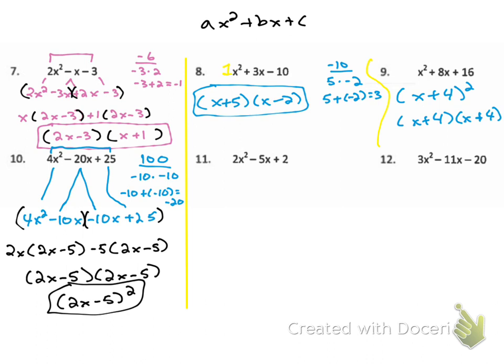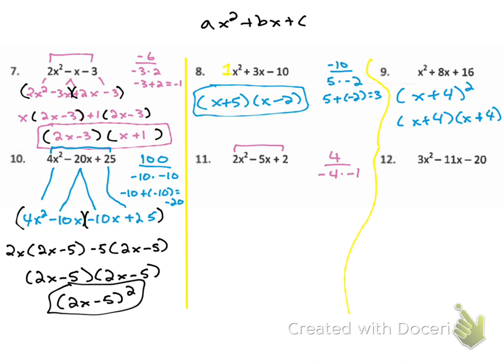All right. Number 11 is not a perfect square trinomial, but again, you have to do the AC method. So A times C is 4. What are 2 factors of 4 that add to give me negative 5? Nice, negative 4, negative 1.